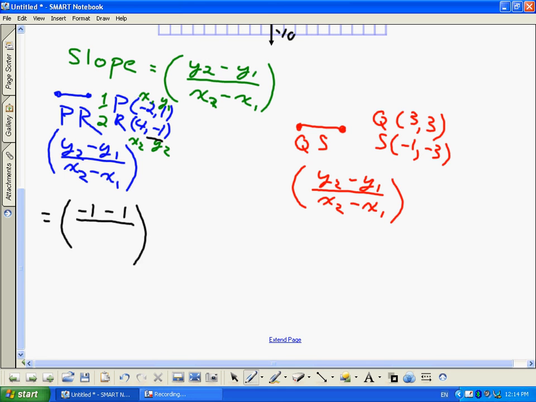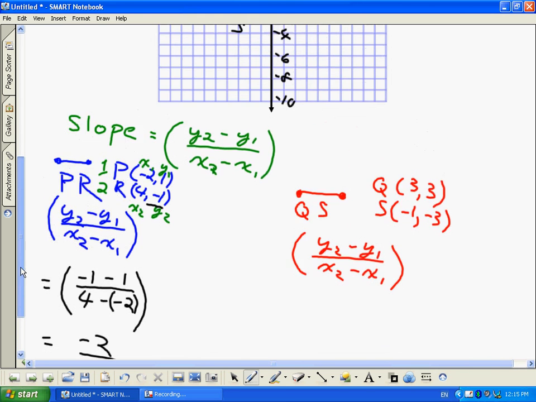So I have the top part. X2 is 4, subtracted by X1 is -2. We'll put that one in brackets. So we've set that up. Now I just got to carry out BEDMAS, -2 over 4 plus 2, which is -2 over 6, equivalent to negative 1 over 3. So the slope of line segment PR is negative 1 over 3.